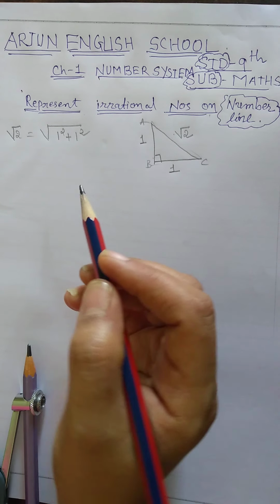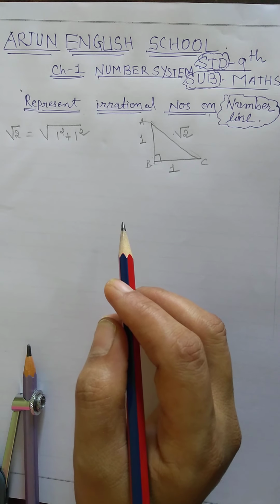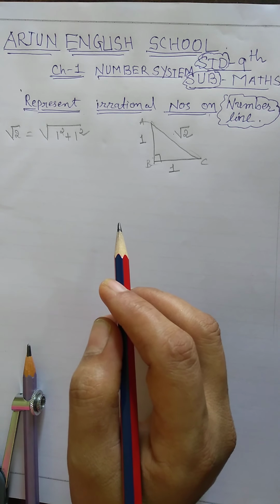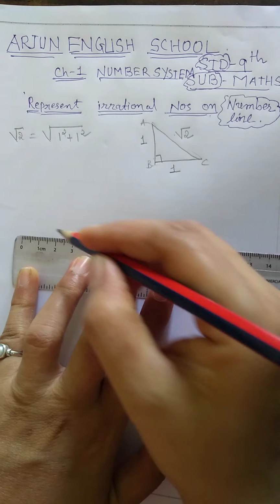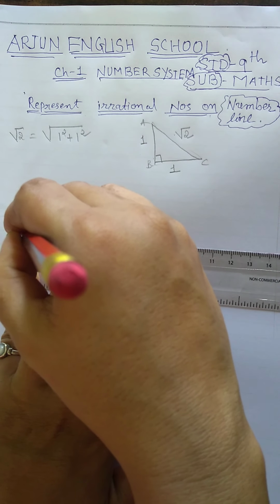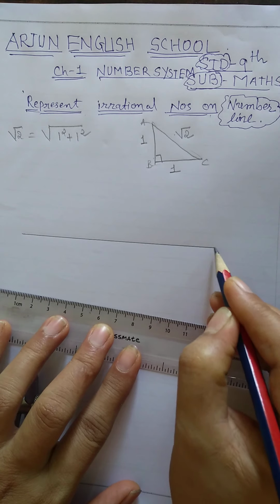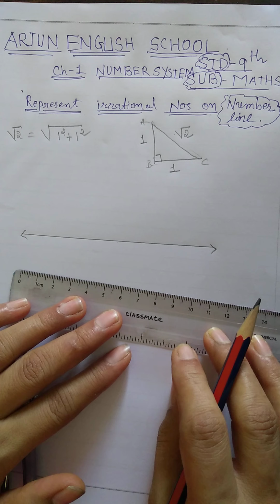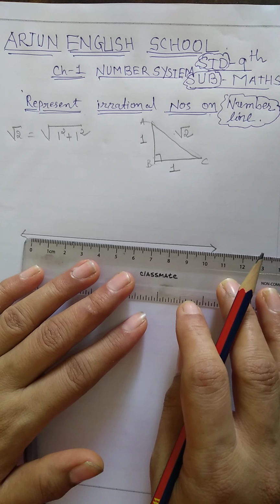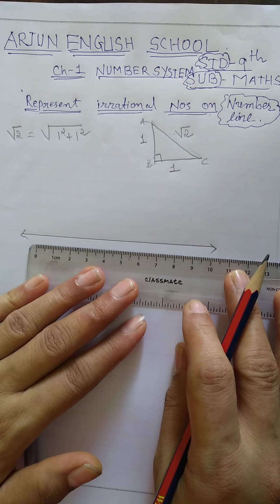How to construct this? For that, let us draw a line first. Now, if I take a unit of 1 centimeter, then the construction will be very small.